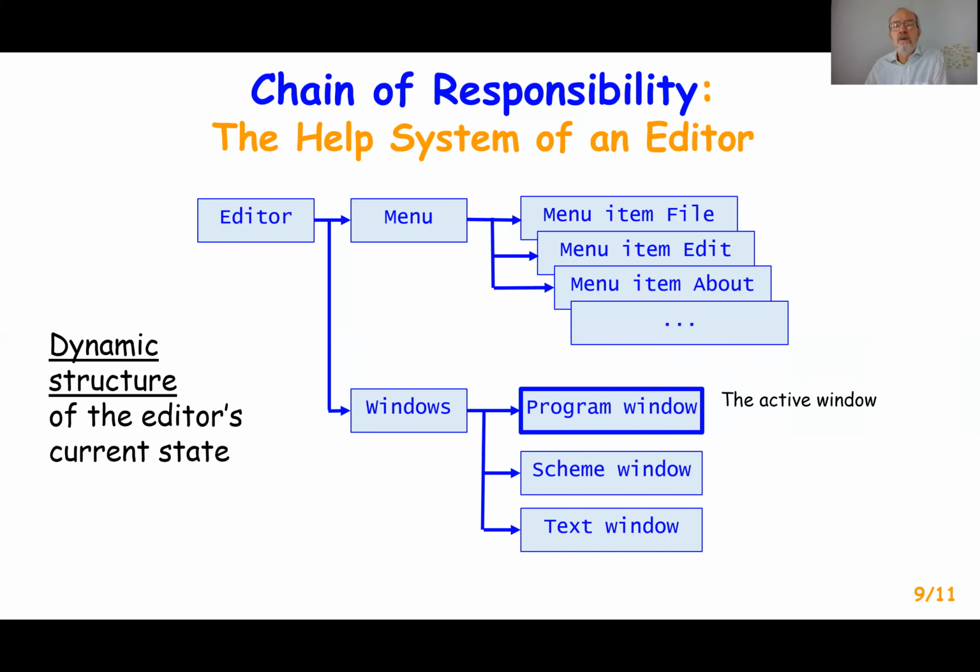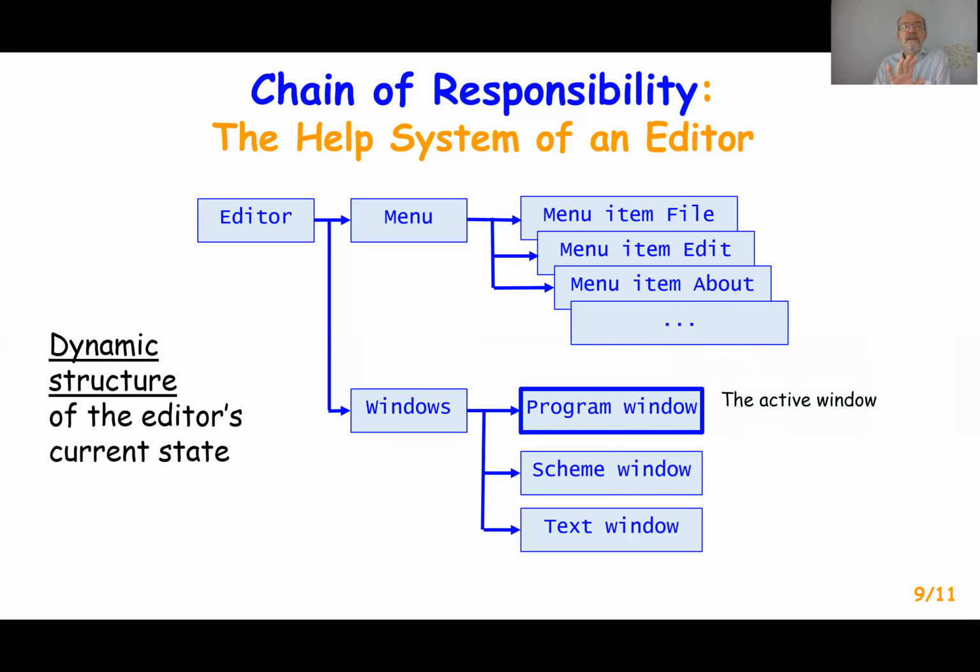We have three windows open: program window, scheme window, and text window. Okay, and program window is the active one. Please notice that this is not a component hierarchy. This is just a dynamic structure of the editor's current state.